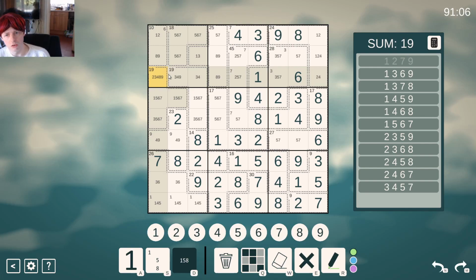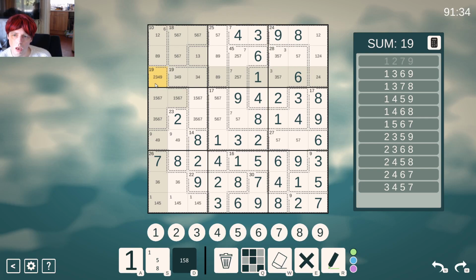We can do 1, 3, 4. Okay, so it could be 9 still. What about 8? Can that be 8? There we need 1, 2, 6, which is gone. 1, 3, 5, which is gone. Or 2, 3, 4, which is gone.